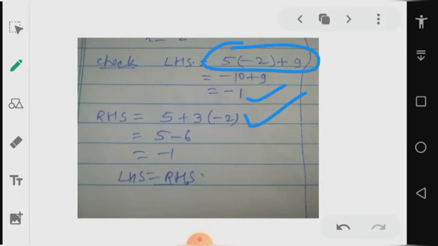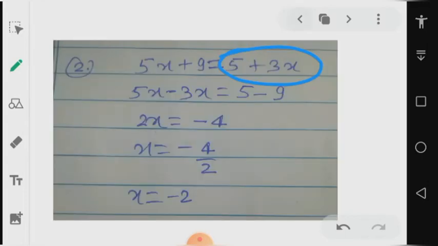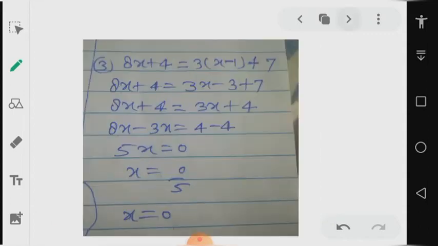That will be 5 plus 3 multiplied by minus 2. After simplifying this, we get minus 1. Hence, LHS equals RHS, so we can say the value of x was correct. We found that the value of x is minus 2, which means our answer is correct. So checking the answer is also an important part of linear equations.